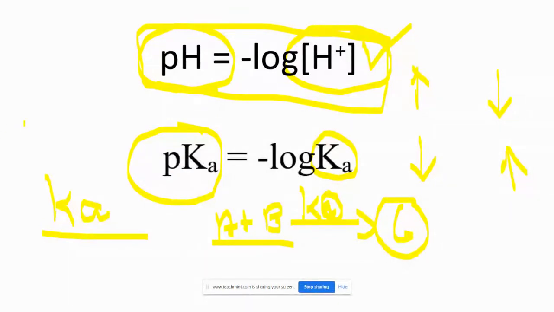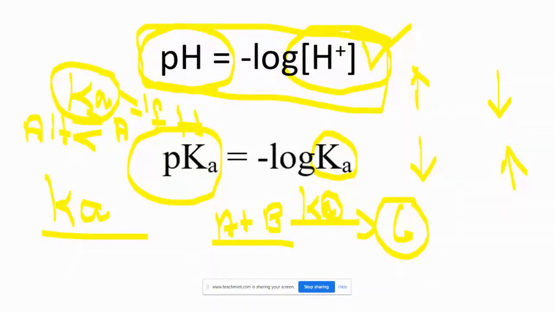Ionization constant means we consider this a weak acid that forms a reversible reaction. It forms A minus plus H plus. Here this is not a rate of reaction. This is known as the ionization constant or dissociation constant.